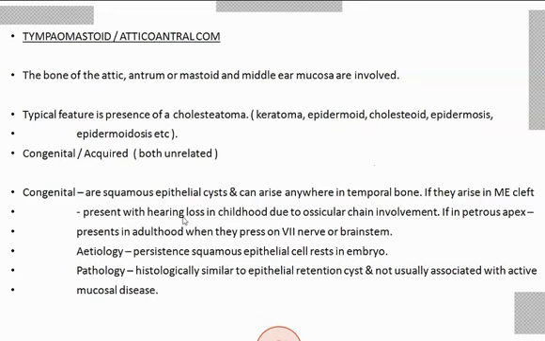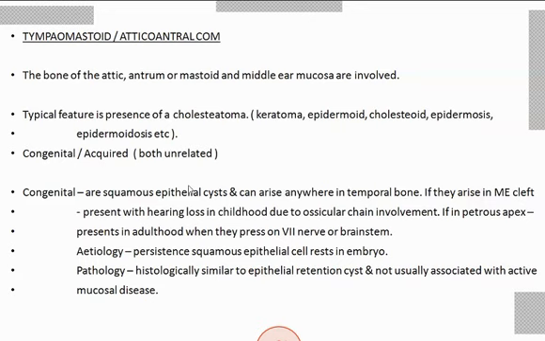If they persist in the middle ear, usually they present in childhood with hearing loss. Sometimes, if these cells are present in the petrous apex, they may not present in childhood, so until adulthood there may not be any symptoms. In adulthood, when they enlarge and cause pressure on the 7th nerve, causing facial palsy, or pressure on the brainstem, they present.